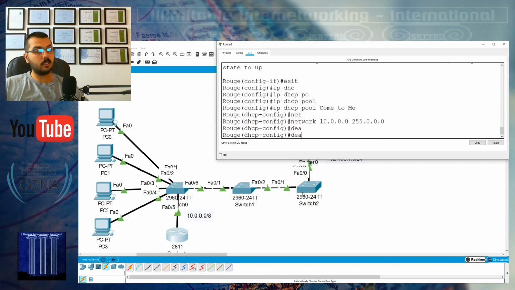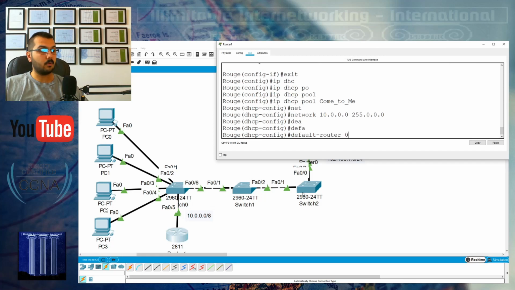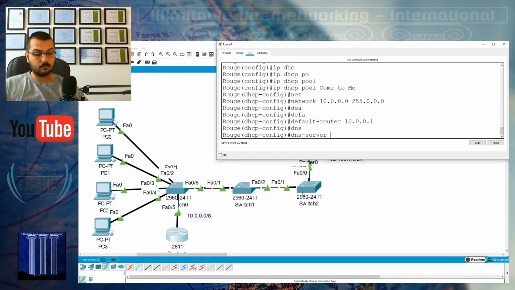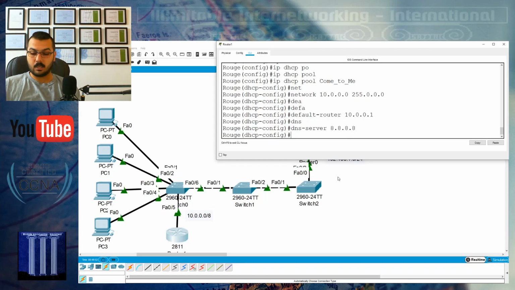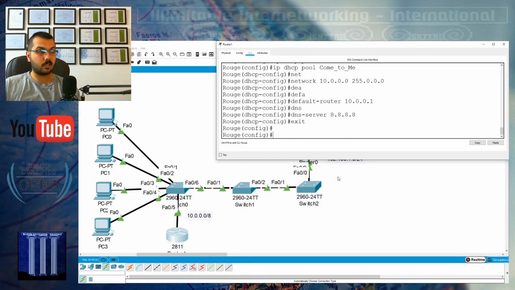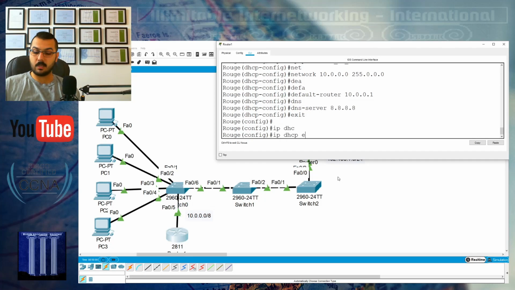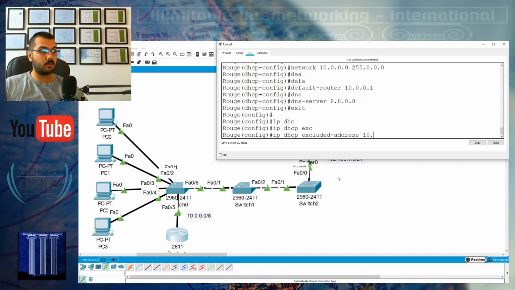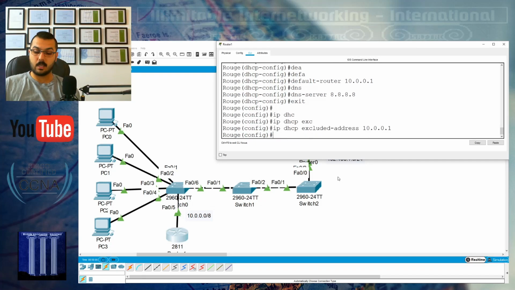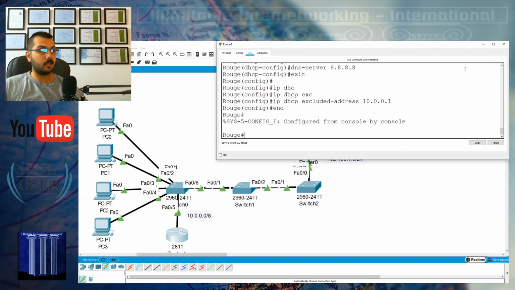The default gateway will be 10.0.0.1. The DNS server will be like 8.8.8.8, and the excluded address, just like he cares about an excluded address, all he wants is making chaos. But anyway, ip dhcp excluded-address will be 10.0.0.1. I'm done.